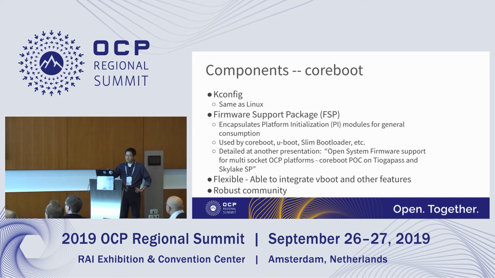It's detailed in the previous presentation and in the next presentation from Intel, and we'll go through that. So coreboot has a flexible framework that is easy to integrate features such as verified boot and other features.